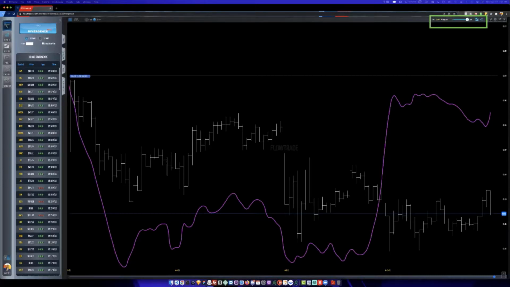One, this allows you to choose between regular block trades, dark pool block trades, and all block trades. This is the amount of block trades that you want to be shown on the screen. This area here is to display block trades.